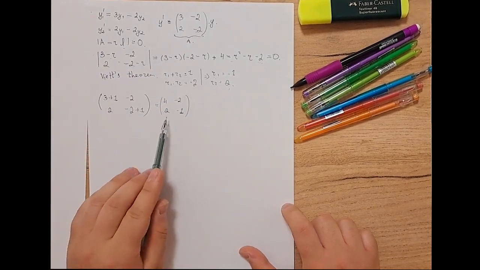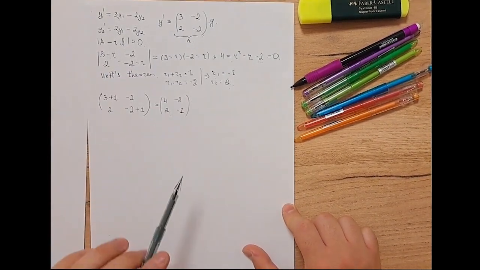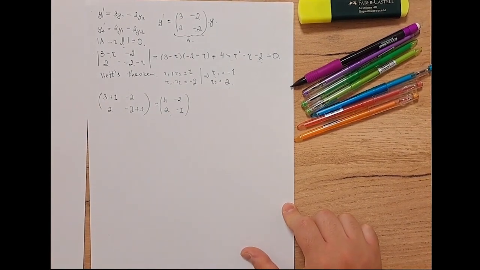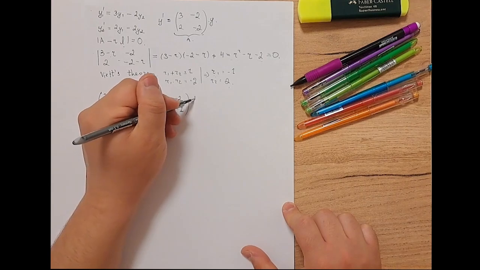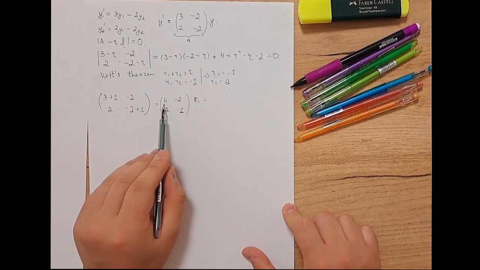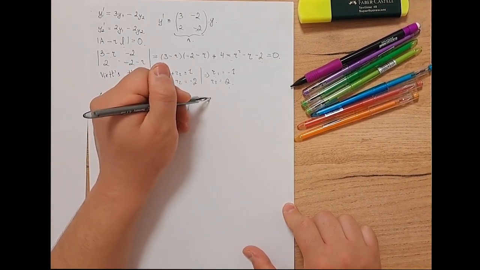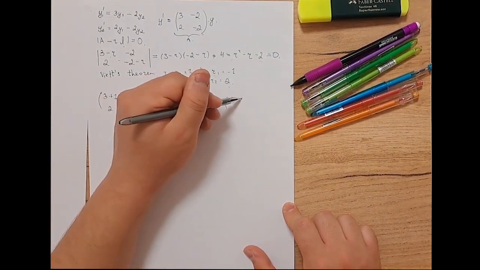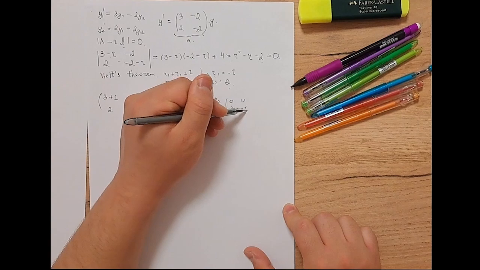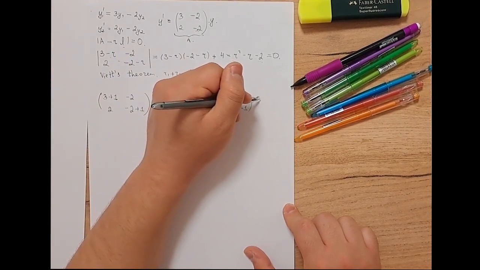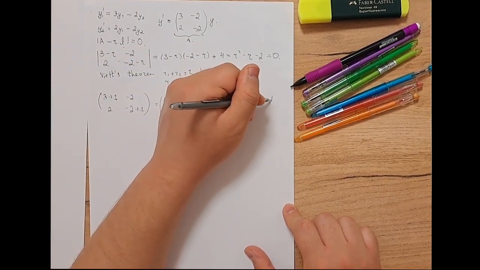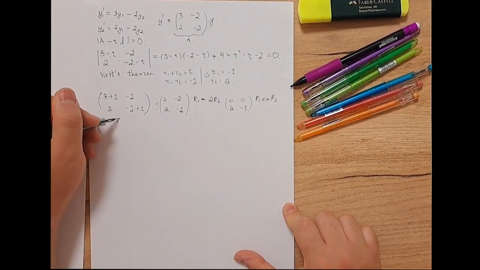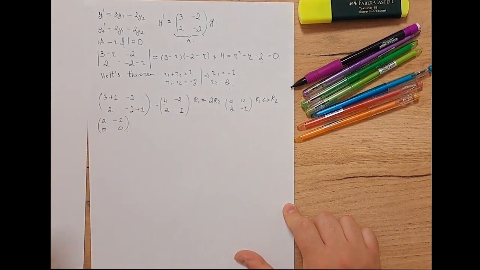Okay, so now we will need to reduce this matrix to row echelon form. And in order to reduce it, we can do the following operation: r1, that is the first row, subtract 2 times r2. And we will get 0, 0, 2, negative 1. So let's now swap those two rows.